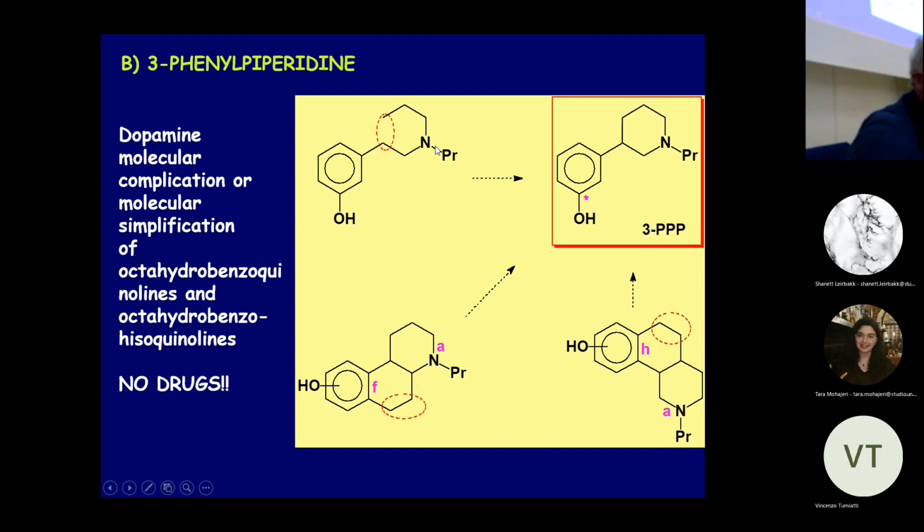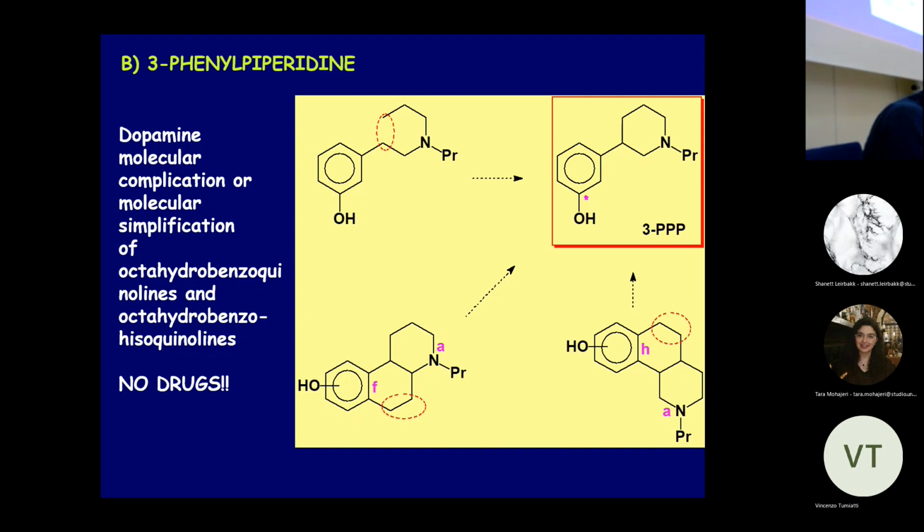In particular, you can see the nitrogen atom with 2 normal propyl groups, and then you see a phenolic ring only with OH in 3, the most important OH, able to give a hydrogen bond with the receptor.